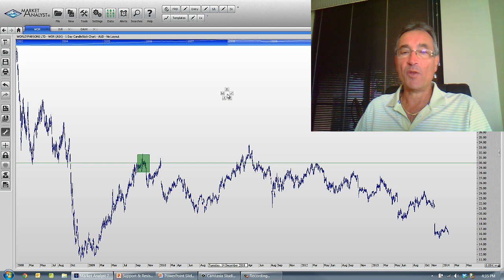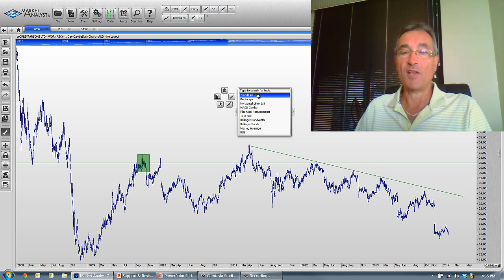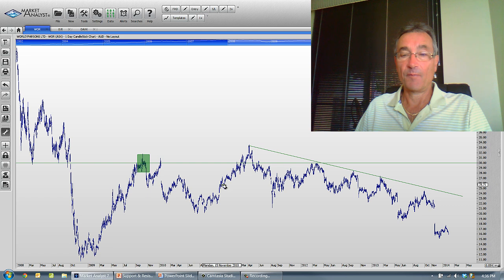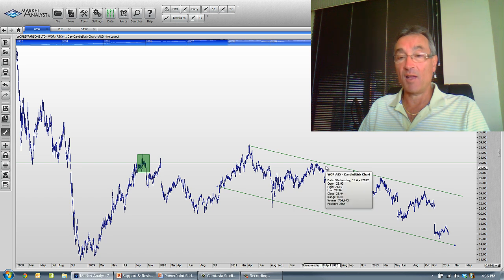Now, of course, the other way that we can look at this is to construct a trend line around what is quite clearly a downtrend. If we construct these support and resistance lines, you can see on an inclined basis we've now got a trend channel, and the price is bouncing from the top of that channel down to the bottom of the channel.